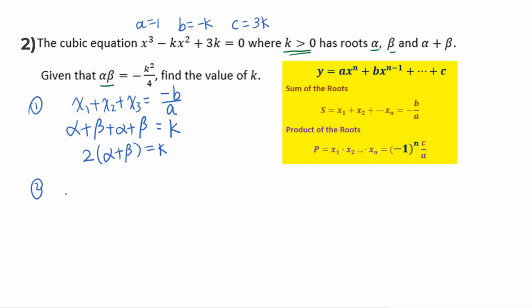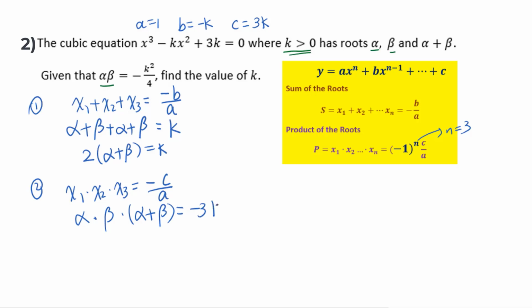For the product of roots, x1 times x2 times x3 equals negative c over a, because n equals 3. x1 is alpha, x2 is beta, x3 is alpha plus beta, equals negative c over a, which will be negative 3k.